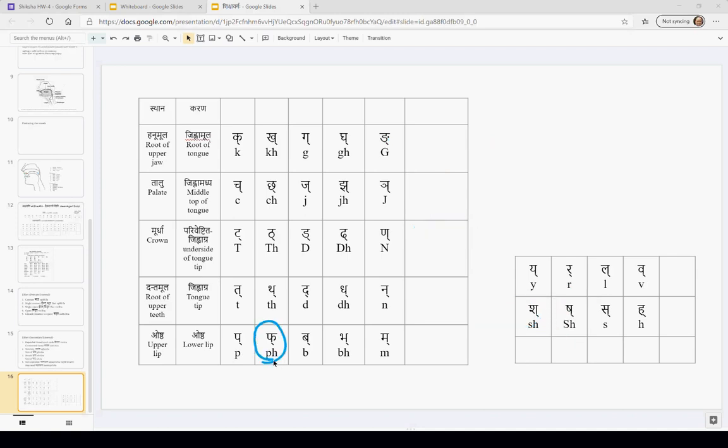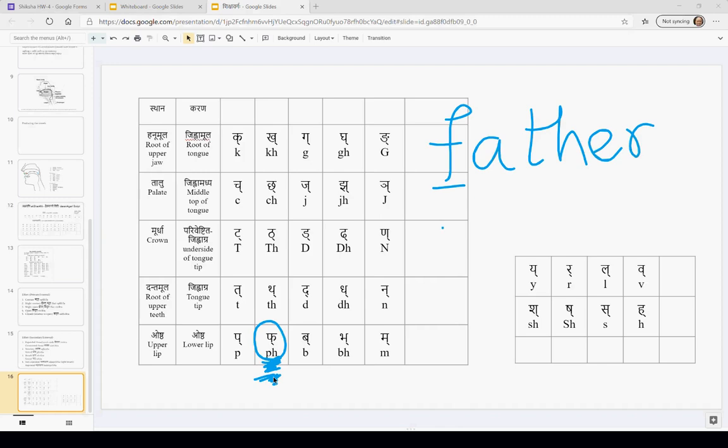Then the next one is pha. Here some of us might find it difficult, because in English when we say father, this is a different kind of sound.